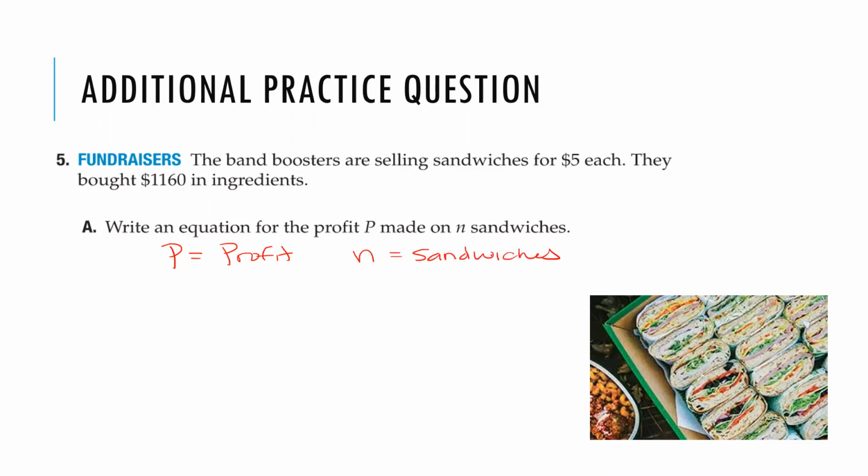So the equation, the profit is equal to 5, because there are $5 for each sandwich, 5 multiplied by the number of sandwiches, minus what they spent on ingredients, which was $1,160. So there's our equation.